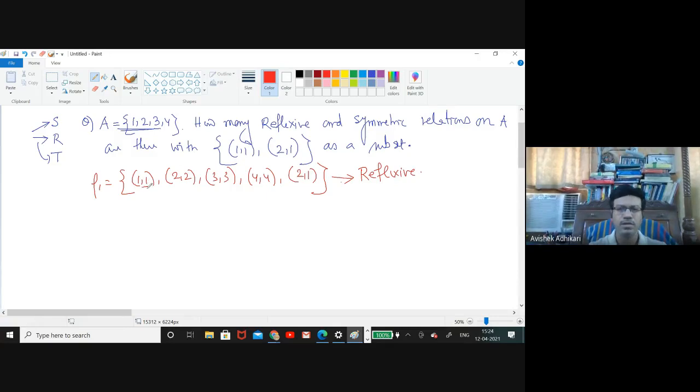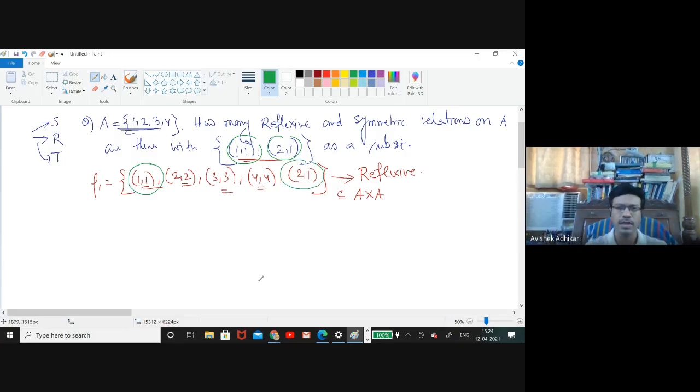Why? Because it has all the diagonal elements. In my last class I already mentioned this. It is a subset of A cross A, and it is a reflexive relation which contains this as a subset. So (1,1) and (2,1) are already there.